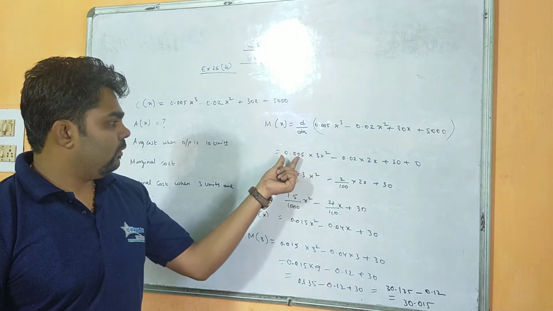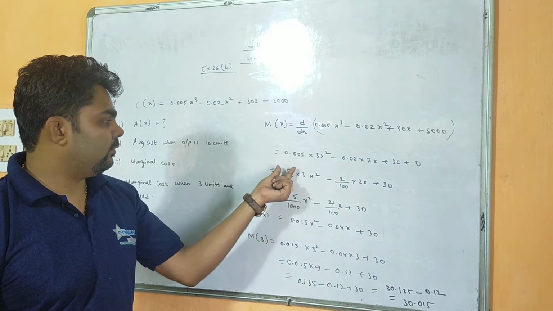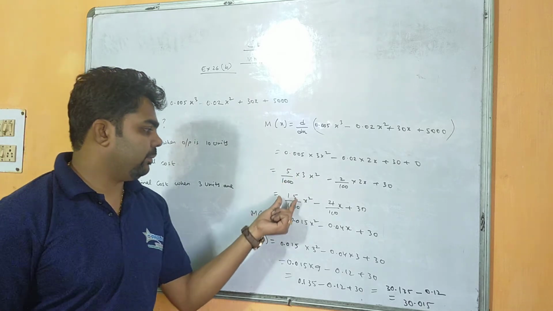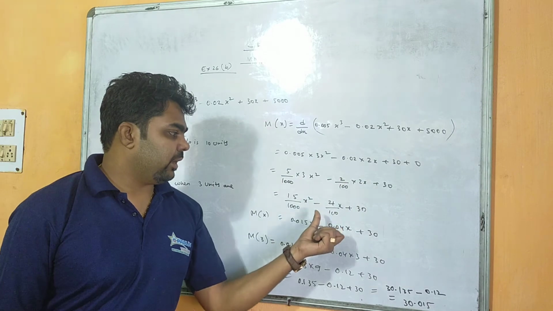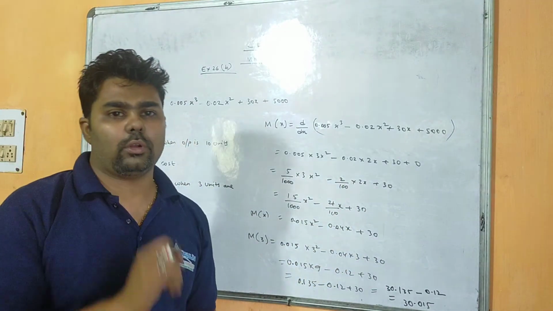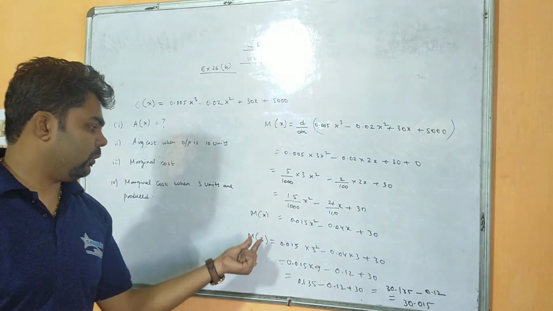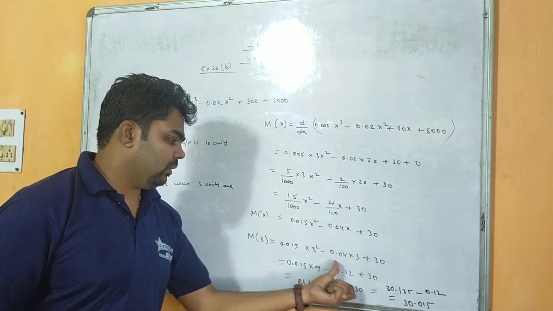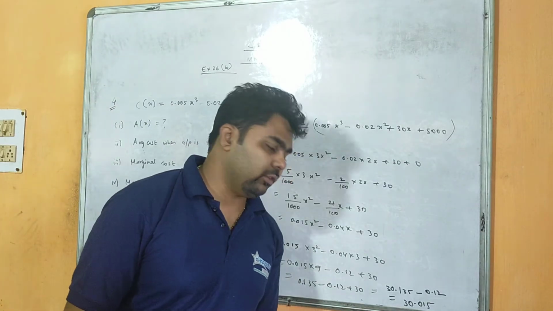Now 5 by 1000, 5 into 3, that is 15 by 1000 x square, minus 2 into 2x by 100 plus 30. Now just the calculation, we will place the position of the decimal point and we will get this answer. Now in place of x we will substitute here 3 and we will calculate, right? So after calculating we are getting the answer, that is 30.015.